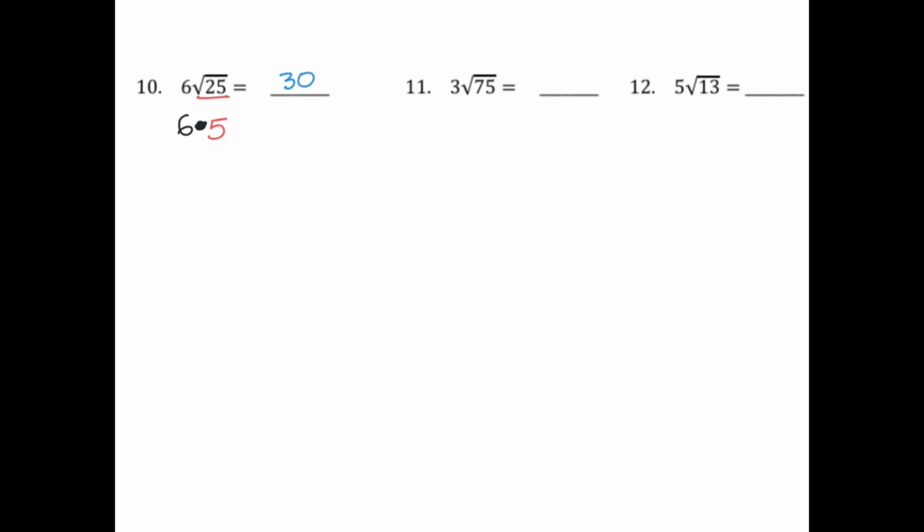6 times 5. Okay, here we have another example: 3 times the square root of 75. I do not know the square root of 75, so I'm going to do my factor tree for that one. Two numbers that multiply to give me 75: 25 times 3. Two numbers that multiply to give me 25: 5 and 5. And I cannot continue with the 5's or the 3. What's going to be my answer? First of all, do not forget you had a 3 outside of the root.